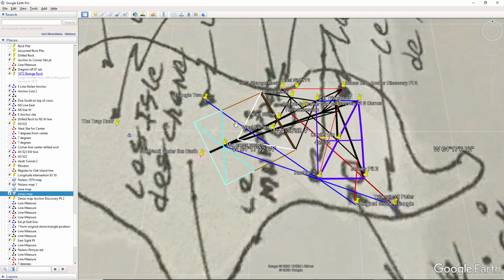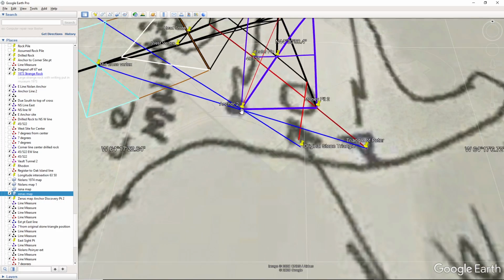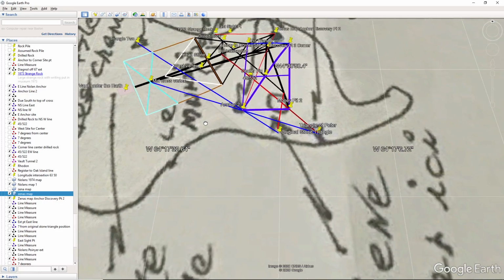So if you take a line, and this theoretical line, remember blue is theoretical, if you take a line through that and take it to the original stone triangle placement, this right here is where Fred Nolan did an adjustment to the original stone triangle. But if you take it to the original stone triangle, it goes through the anchor point here, and that is pretty amazing.